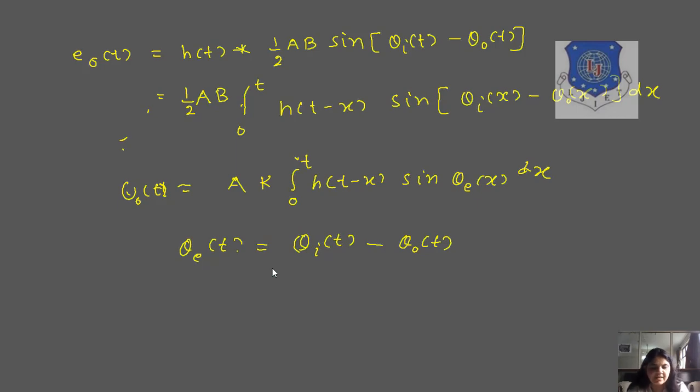So this is the equation for the loop, which we obtained from the block diagram of the PLL design. We can also say that the loop filter we are designing has the response H(s) and the gain is AK.